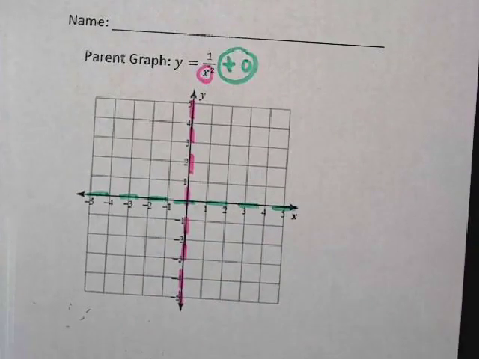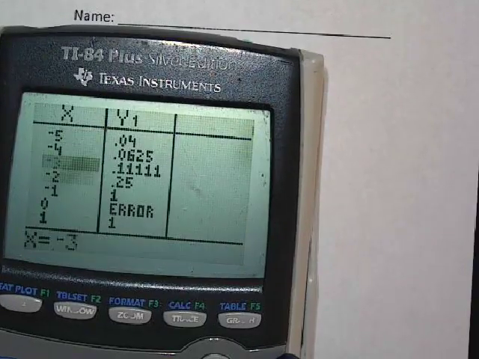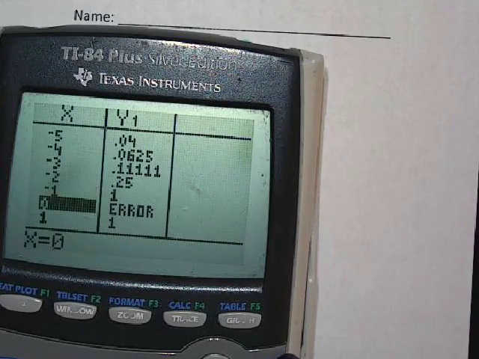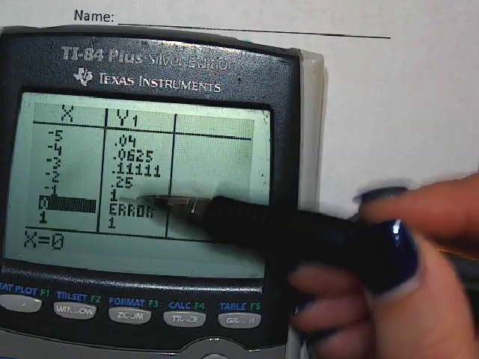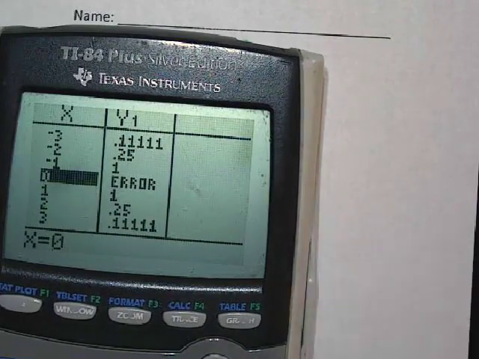So if we go ahead and graph this, I'm going to do second graph, and I'm going to look for 0 because that's where the asymptote is. And then I'm going to get a couple points to the left of that and a couple points to the right of that. And then I'll have enough to make the curve.